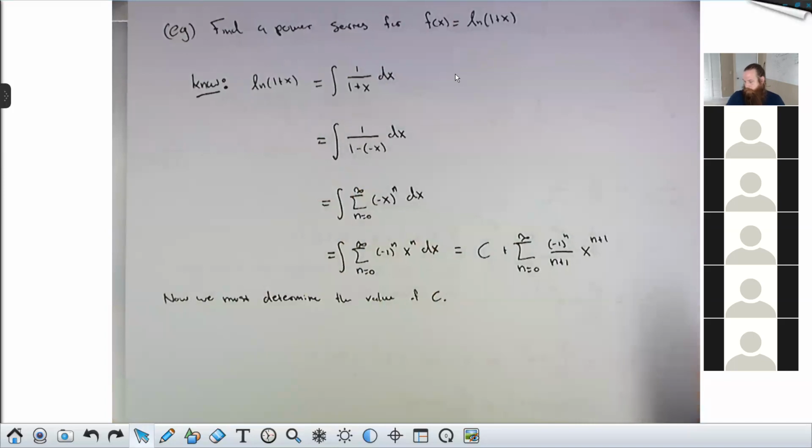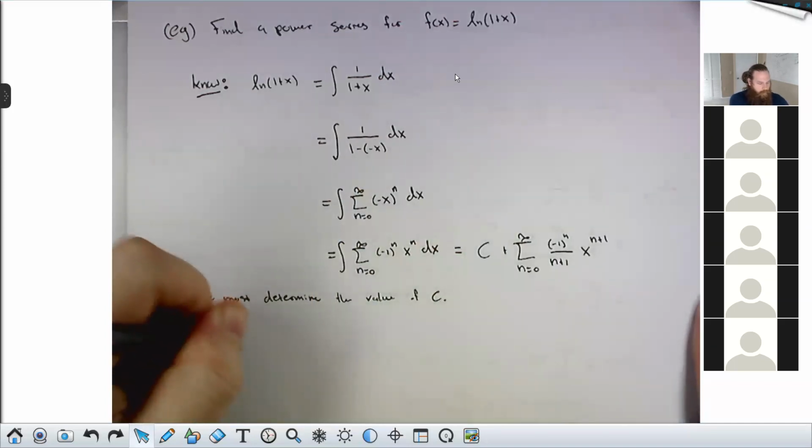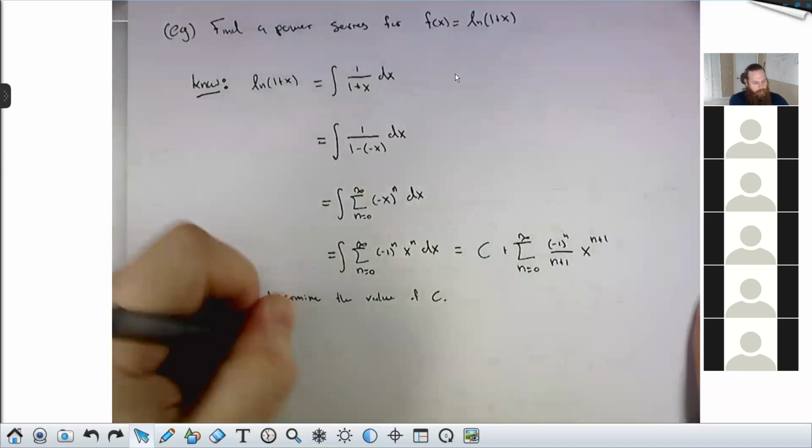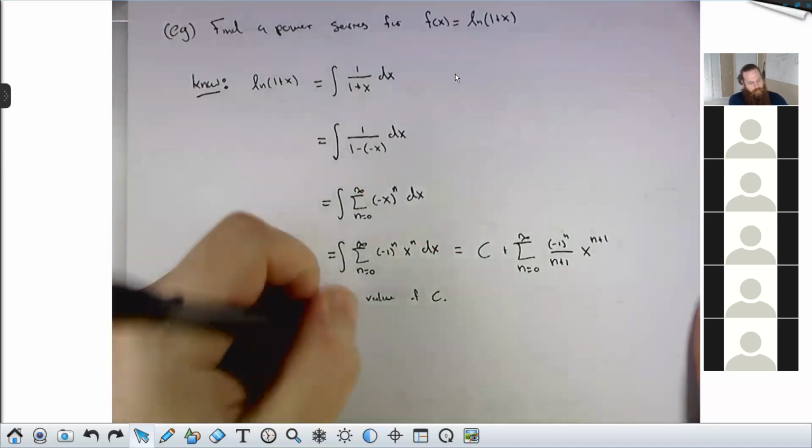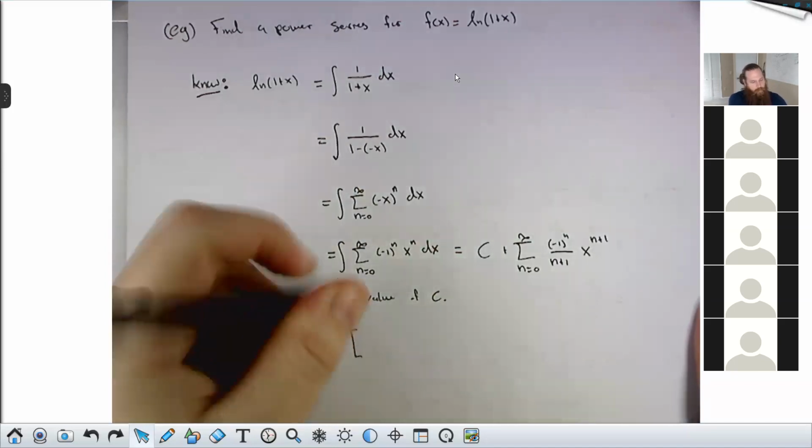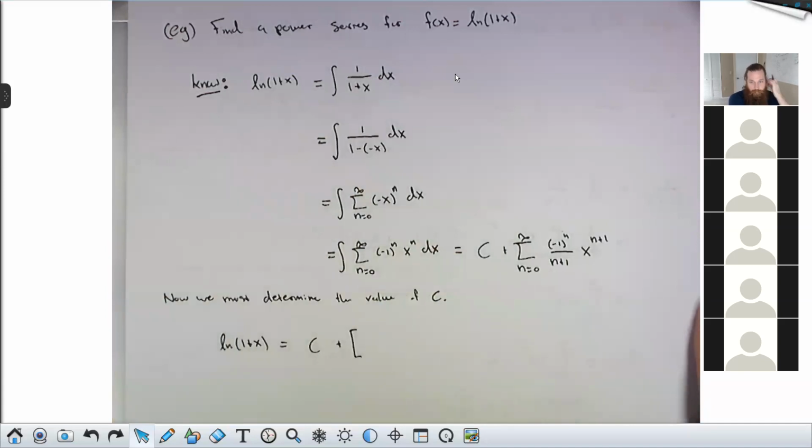Just like in the previous example with arctan, the way we're going to do this is by writing natural log of 1 plus x equals c plus, and then I write out the first two terms of this series.